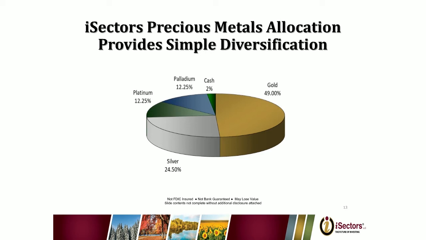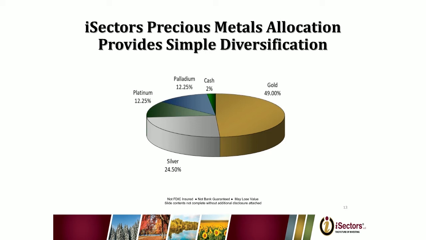And in fact, we found out yesterday from Informa, which is a large database, that this allocation was in the top 5 of global balanced ETF models over the past 3 years.